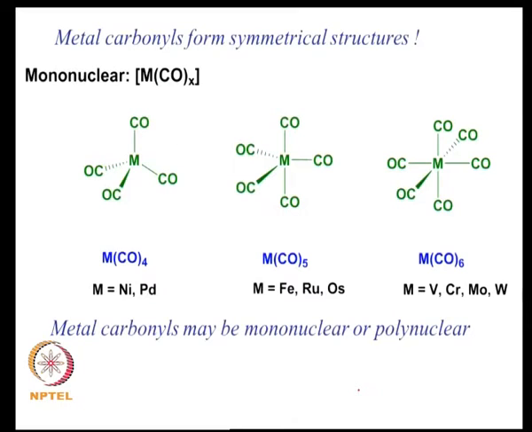Okay. So, let us move on. I mentioned earlier that metal carbonyls tend to form reasonably symmetric structures. They are not necessarily tetrahedral or octahedral, although these tetrahedral and octahedral complexes are indeed observed. Typical examples are nickel tetracarbonyl, which is probably the one that chemists encounter first, because that is very easy to synthesize, and chromium hexacarbonyl.